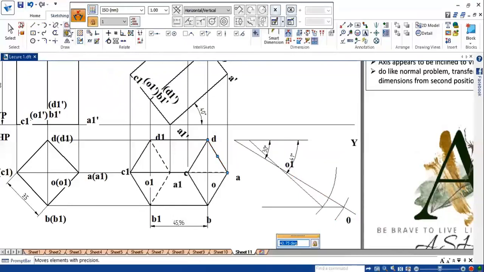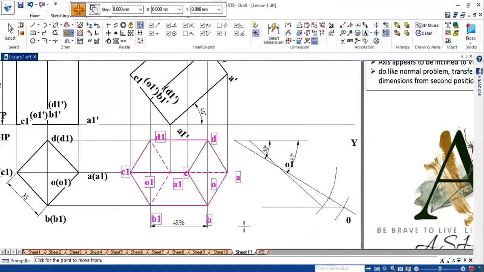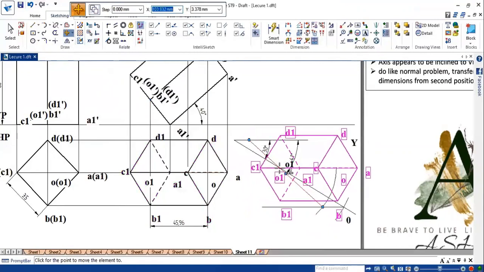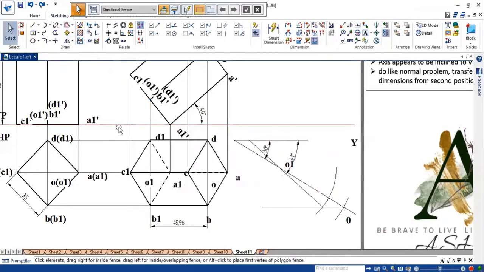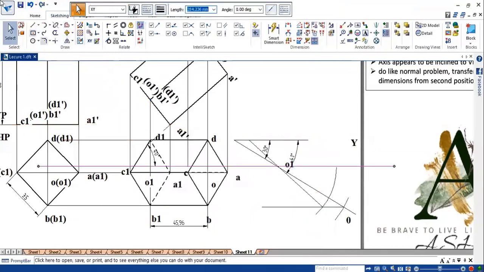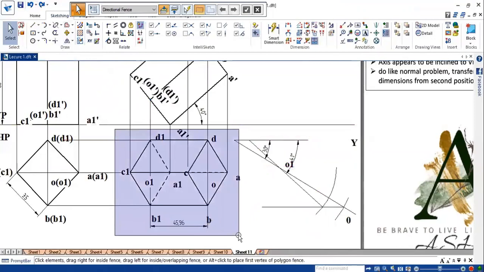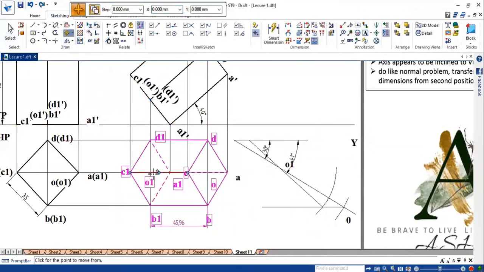Now select from the second position. Click on either O1 or O, preferably on O1. Wherever the intersection is there, place it exactly over there. So it has to keep a copy. So select the position from the second position, move option, it has to keep a copy.